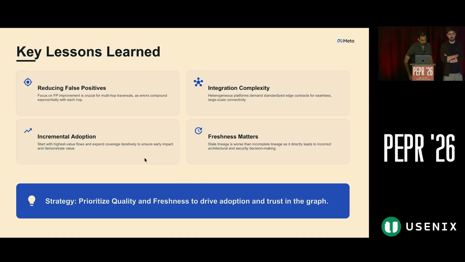For the sake of time, we will skip visiting all these learnings one by one, but if you asked us to compress all of them into one single strategy, we would say: prioritize quality and freshness. This will lead to building trust in your graph, and this is the main driver of quick and higher adoption.